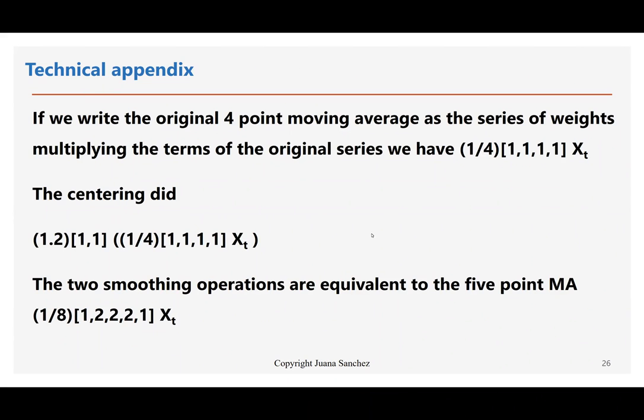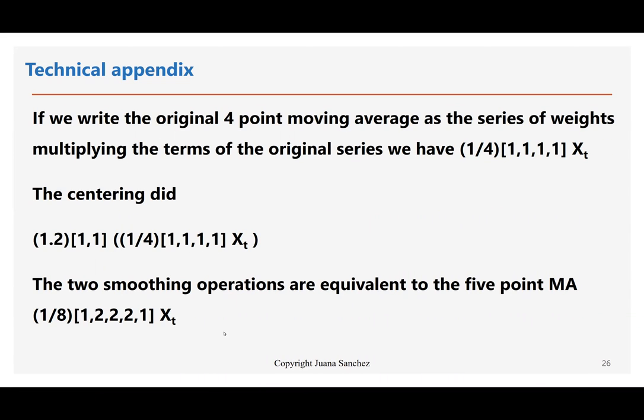And here is a little technical appendix for you, just to show you that this is called a filter in engineering. Engineers use time series a lot. And the filter is put together as follows. First, we did a 4-point moving average, and then we center by multiplying by 1/2 times 1, 1, times what we already calculated.